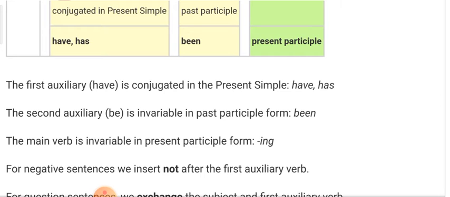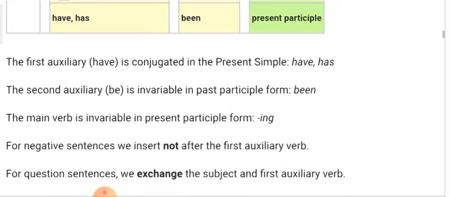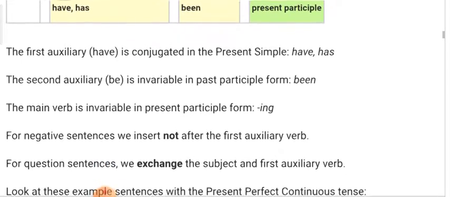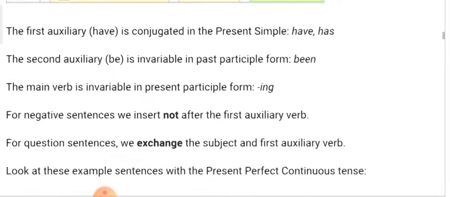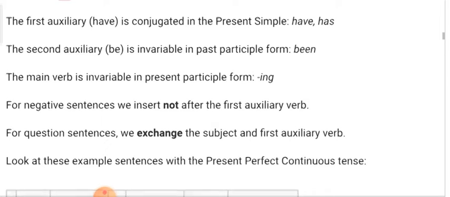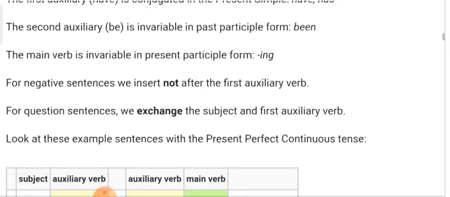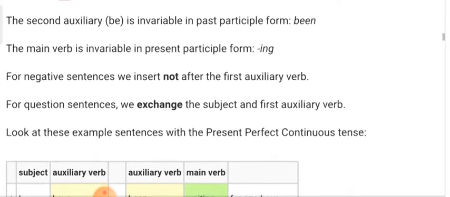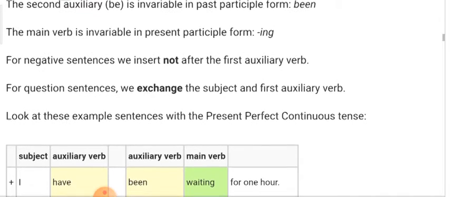I can explain more when I take the class on the blackboard. When there is a need to put not, in the negative sentence, we can insert not also. I already told you how to put not, because not will always be put in the third place.